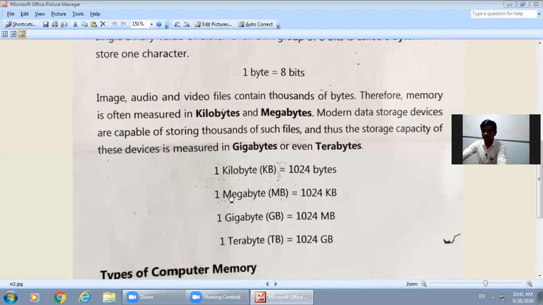And 1 gigabyte, that is GB, equal to 1024 MB. So don't forget about this.